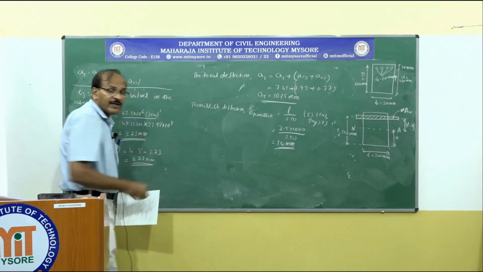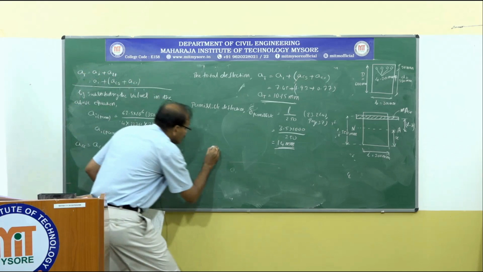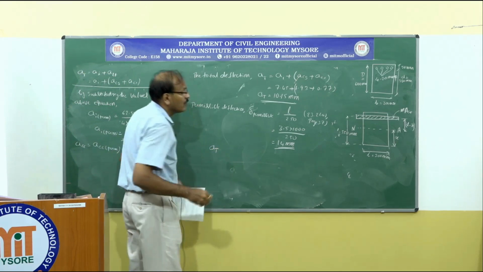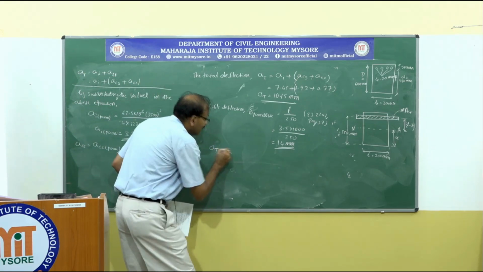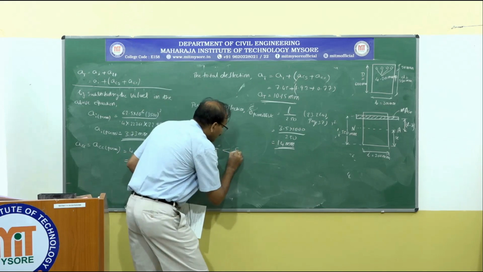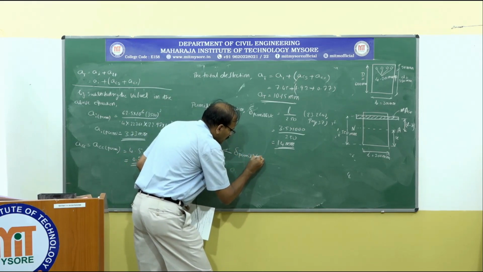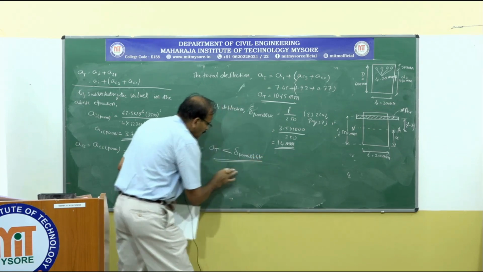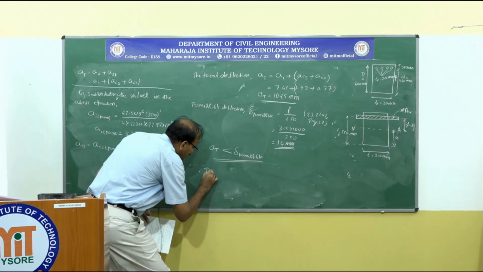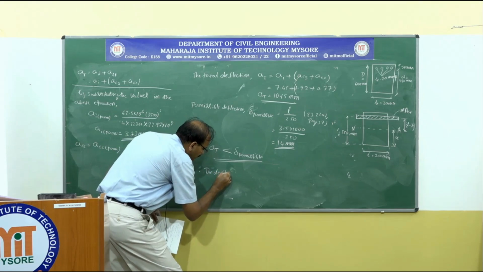So actual deflection AT is less than delta permissible. Therefore, the deflection condition is satisfied.